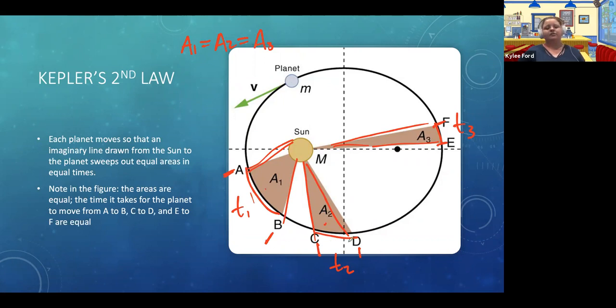From C to D, do you think it's going faster now or slower now? If it has to travel some distance, some arc here and here, is it having to go faster or slower? What do you think?